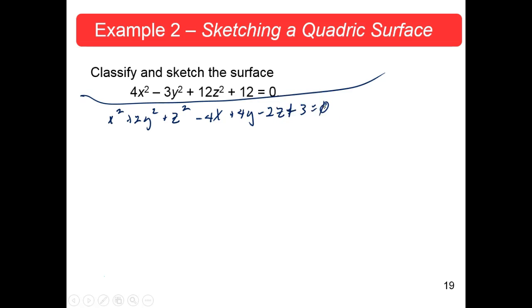Let me make sure I got it right. x squared plus 2y squared plus z squared minus 4x plus 4y minus 2z plus 3 equals 0. It says classify and sketch that surface.